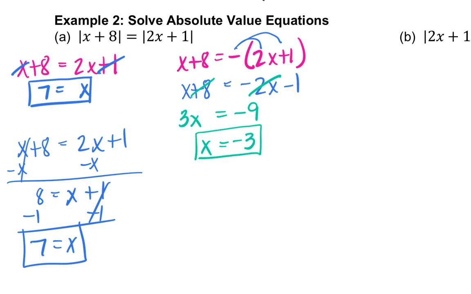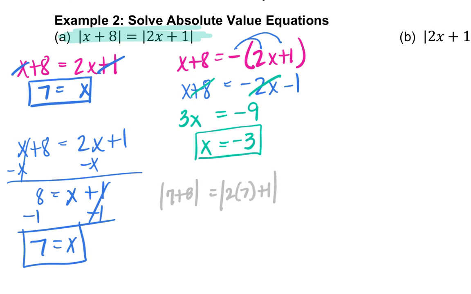So now that I have my answers, I'm going to plug them into the original equation. So remember, your original equation is what they give you. So I'm going to plug in, I've got 7 plus 8 equals 2 times 7 plus 1.